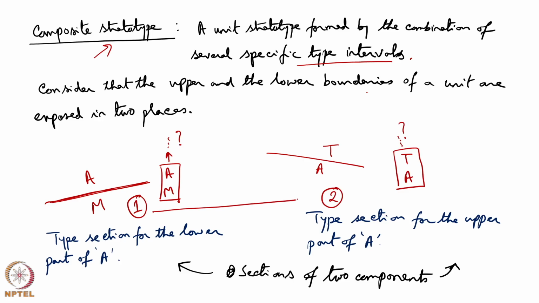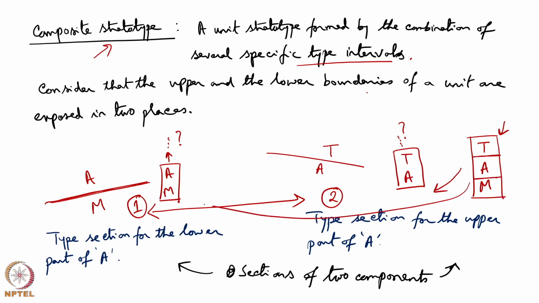So, from these two locations 1 and 2 we can say that MAT is the conceptualized stratigraphic succession, where we have seen the upper boundary of A at location 2 and we have also seen the lower boundary of A at location 1.